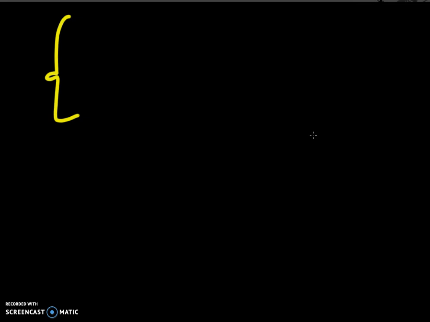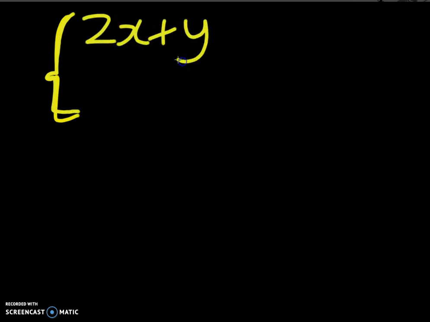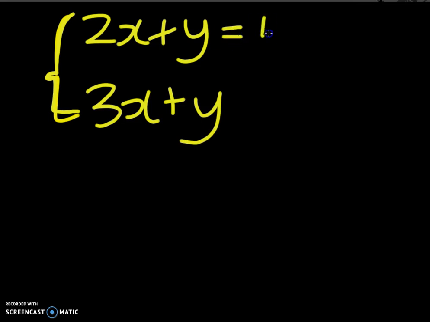So in a simultaneous equation, just for a summary, there is this bracket on the side. There are two equations. Let's say equation 1 is 2x plus y, the next equation is 3x plus y, equals maybe 5, equals maybe 3.